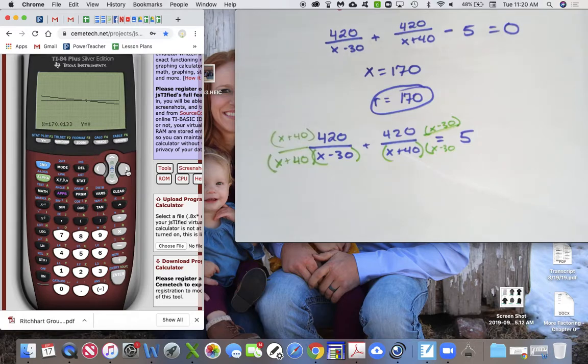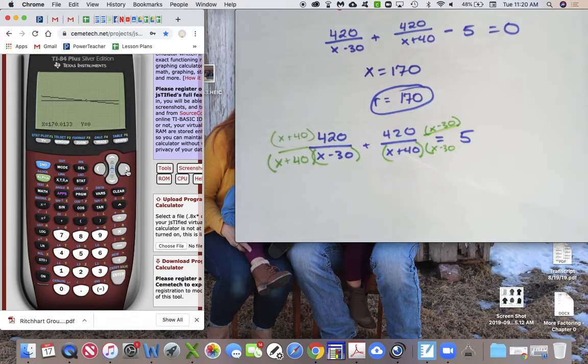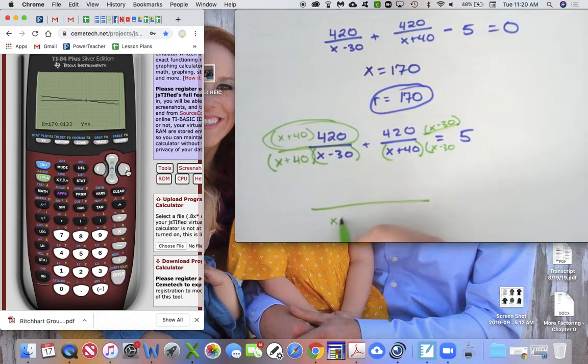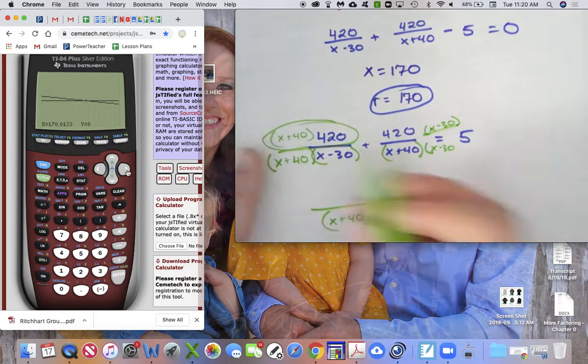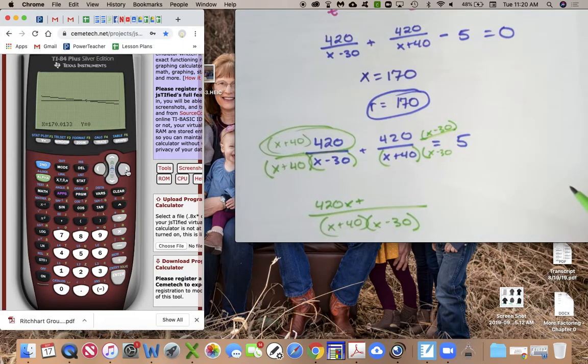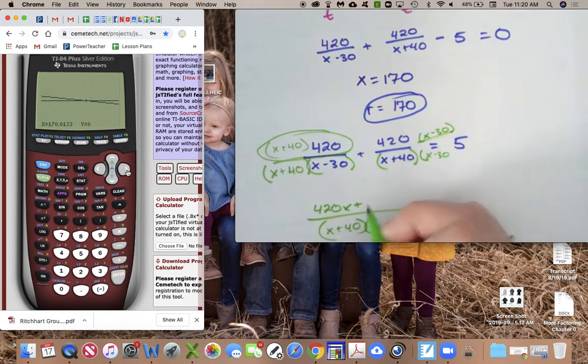So up here, let's multiply those together: x plus 40, x minus 30. On the top I have 420x plus, what's 420 times 40? 16,800.